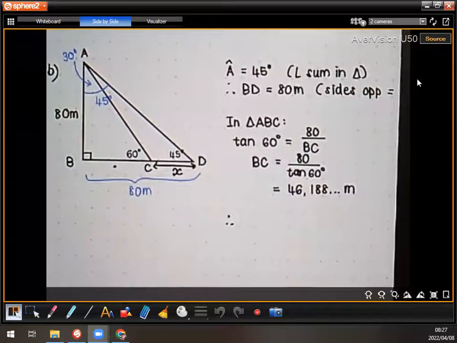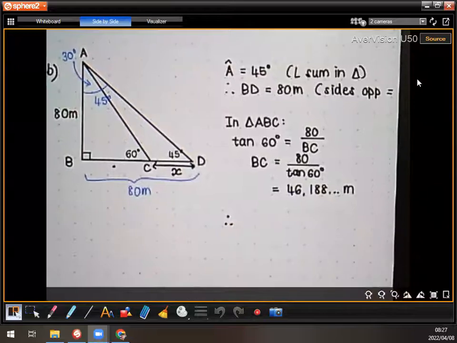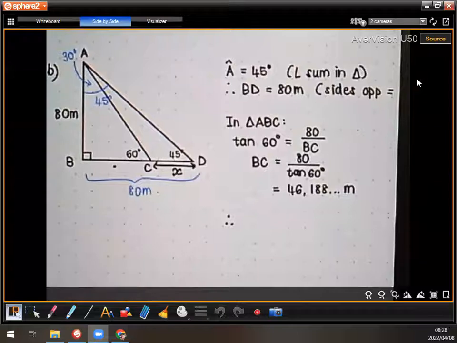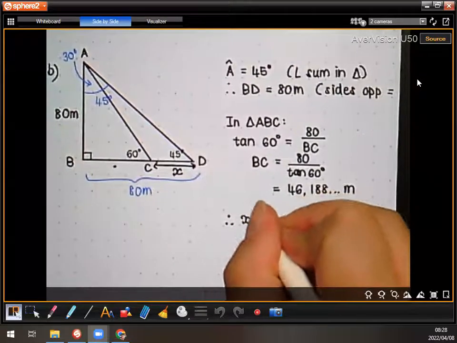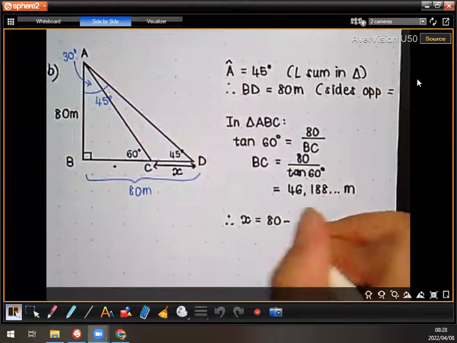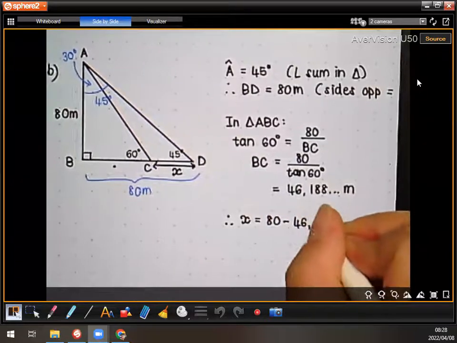Okay, so now the last step, guys, x is going to be 80 minus 46.19. All right. So x is equal to 80 minus this whole thing.